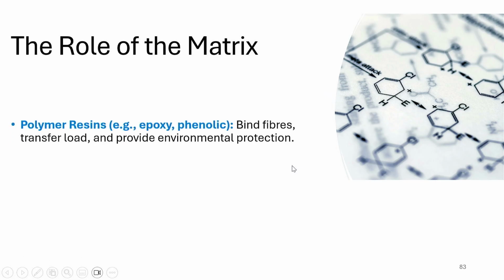The basic function of the matrix we have also discussed: it binds the reinforcement fibers together and transfers the load from one fiber to another, so that the total structure takes the load.